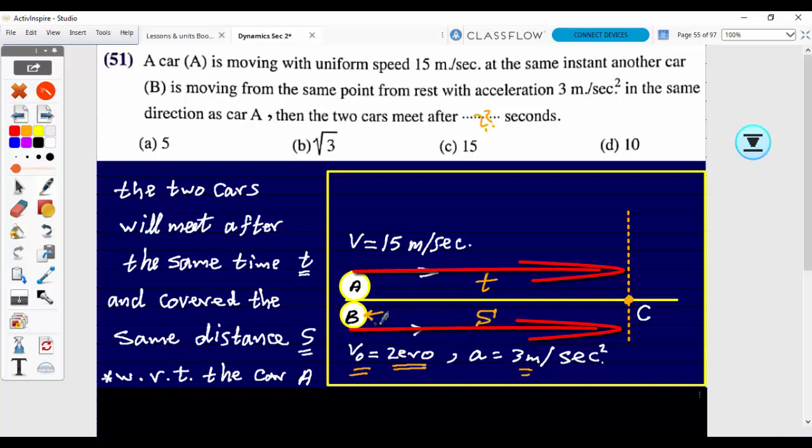It is the same with respect to the car B, time t, the same distance s. They meet at the point c here.